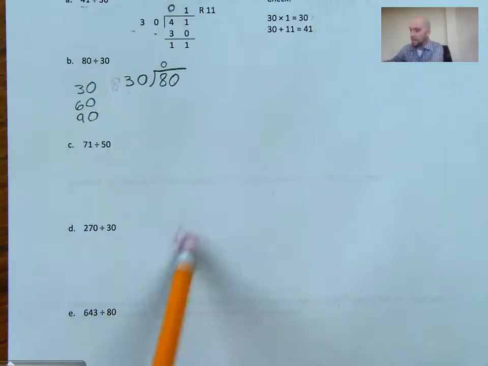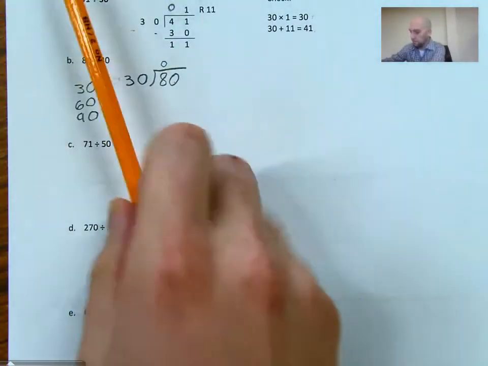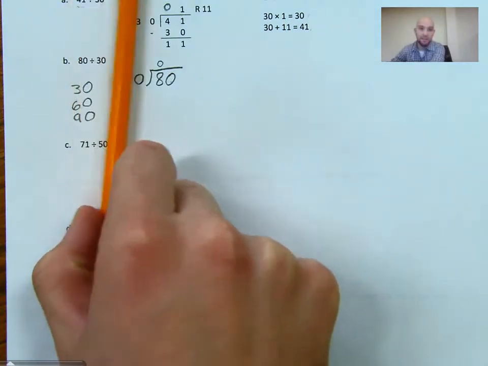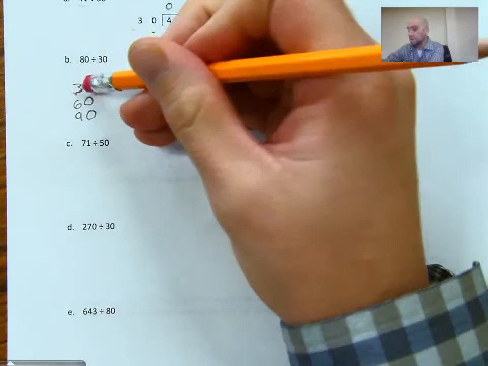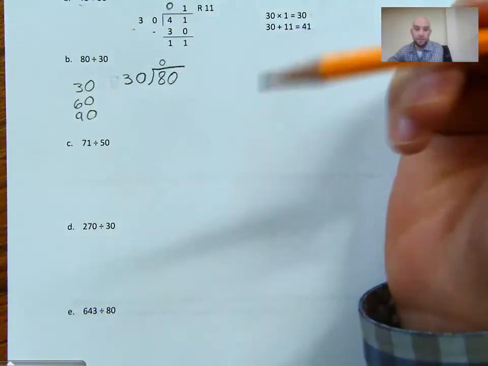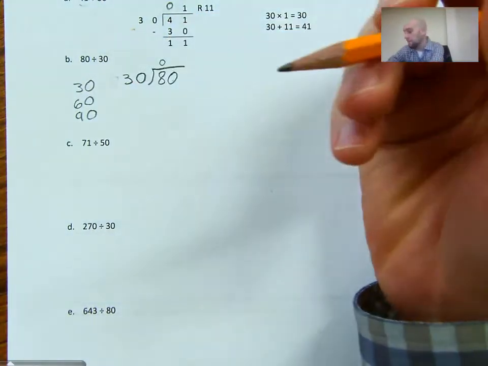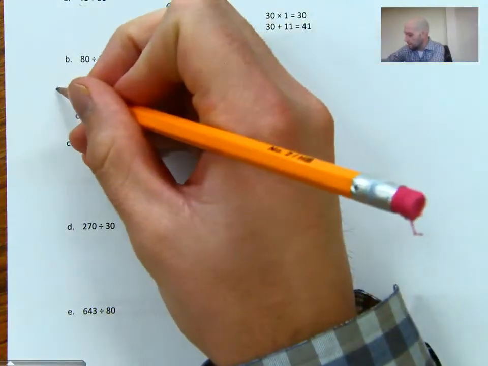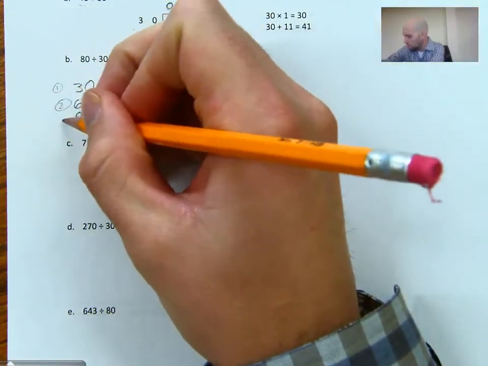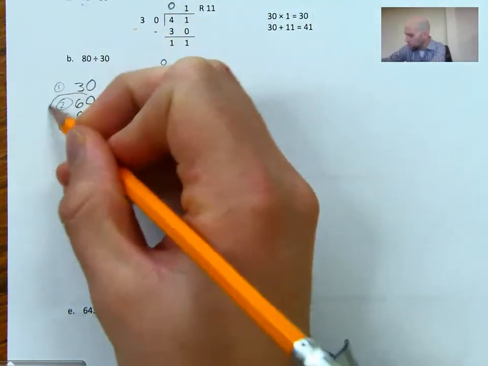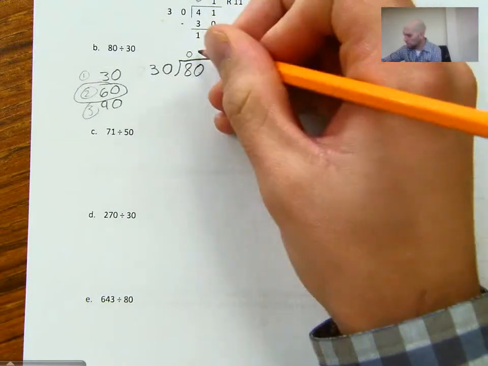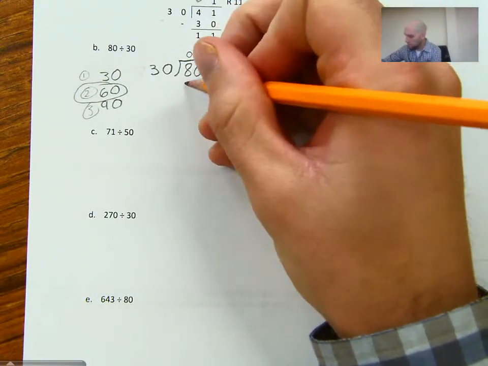Another way to think about that is if you cover these zeros, you could do 3 tens, 6 tens, 9 tens. So you can skip count by 3s, if that is easier than skip counting by 30s. But we're going to find that 2 is the most we can get 30 into 80. So we're going to put a 2 up top here.